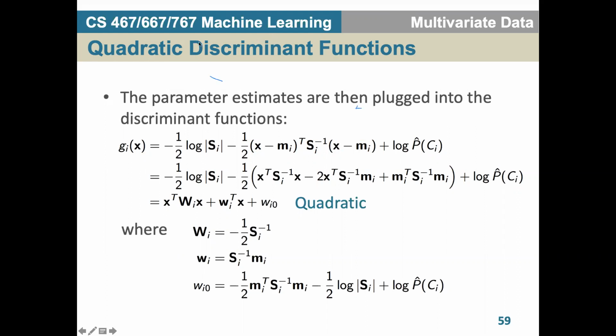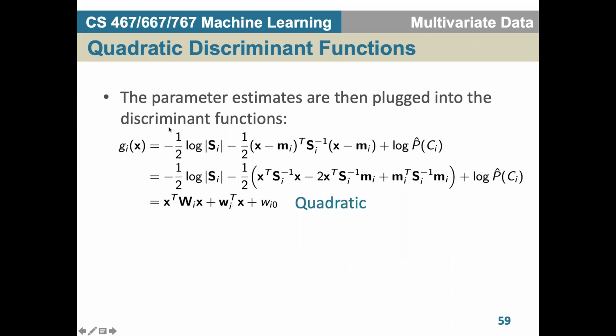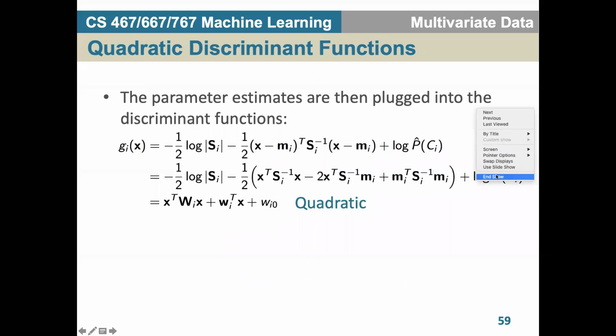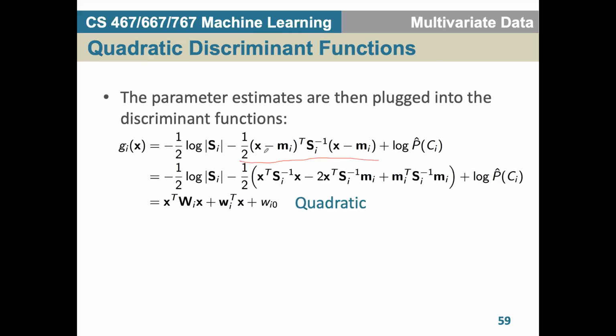So let's take a look at how to derive these things. Maybe I need a little bit more space, so I should go back one step. Okay, let's be here so that we can do some derivation using the space down there. Now let's look at this term. It has 4 terms.